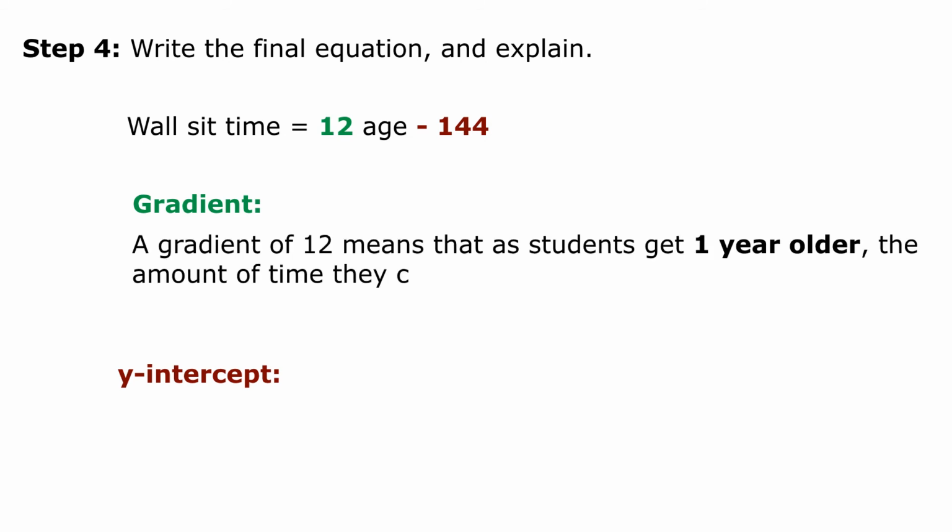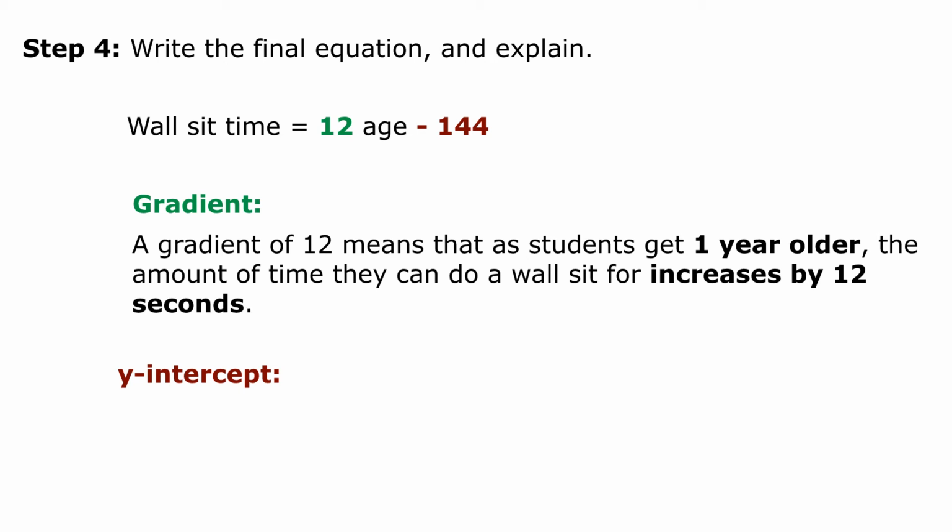So a gradient of 12 means that as students get 1 year older, so their age increases by 1 year, the amount of time that they can do a wall sit for increases by 12 seconds. Remember, 12 we can do as 12 divided by 1. So that's why I say as the age increases by 1, the wall sit time increases by 12 seconds.